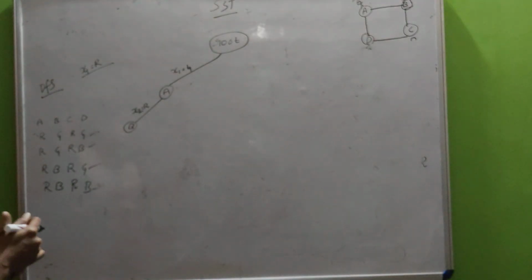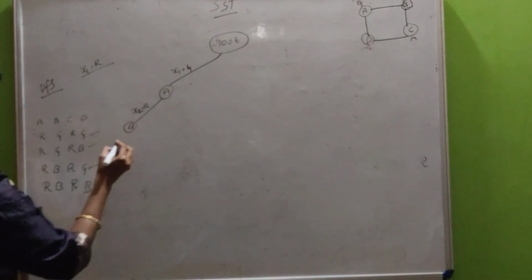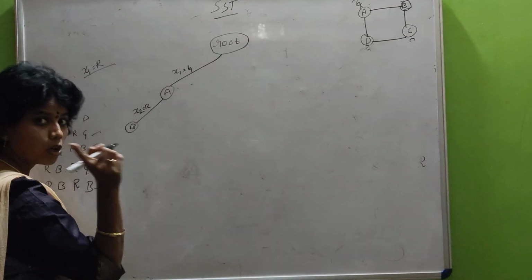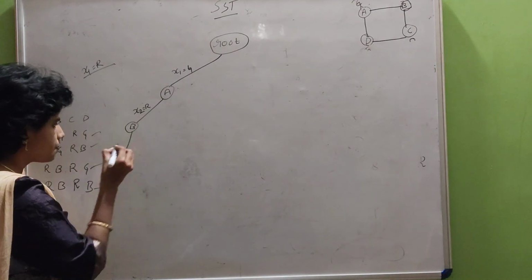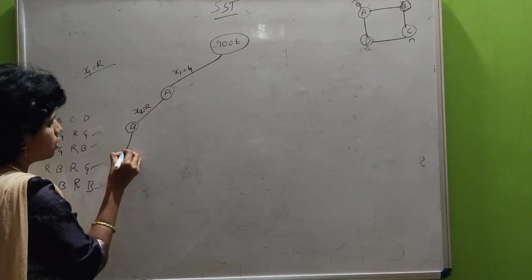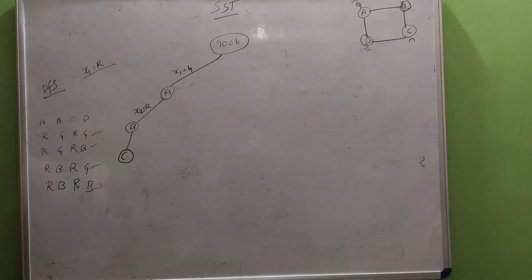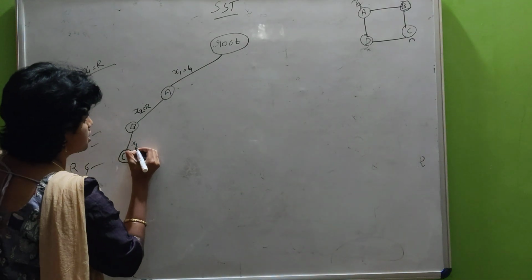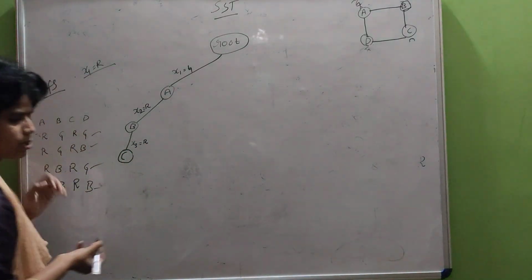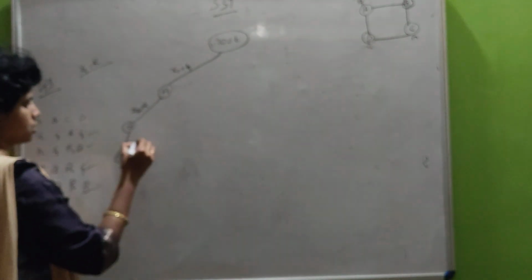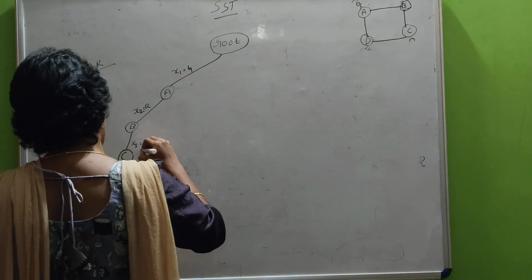Now from B you are going to C, since you are following DFS in your backtracking. Now whenever you are going for C, x3 is equal to red. Is that accepted? No. Since red is already there, you can kill this node here. You can backtrack your solution.